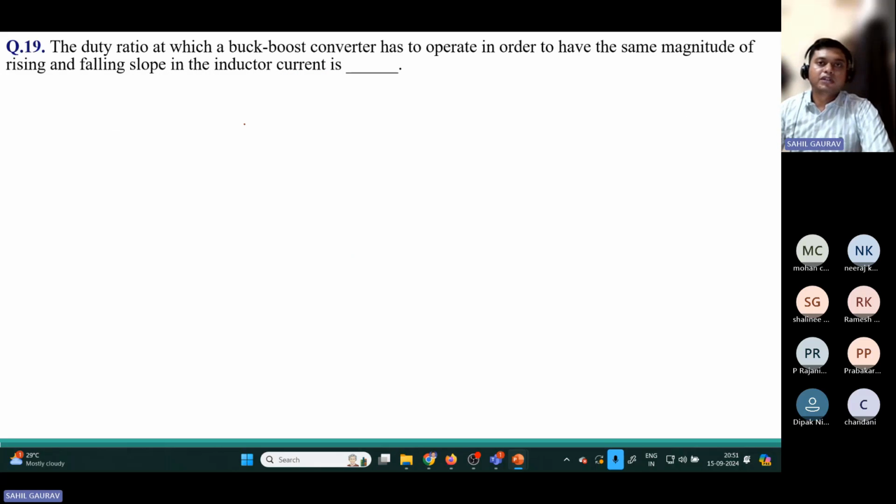At what duty ratio does a buck boost converter have to operate in order to have the same magnitude of rising and falling slope in the inductor current? So the correct answer is 0.5. How will we get this? Let us first make the buck converter configuration. Buck converter configuration is like this.